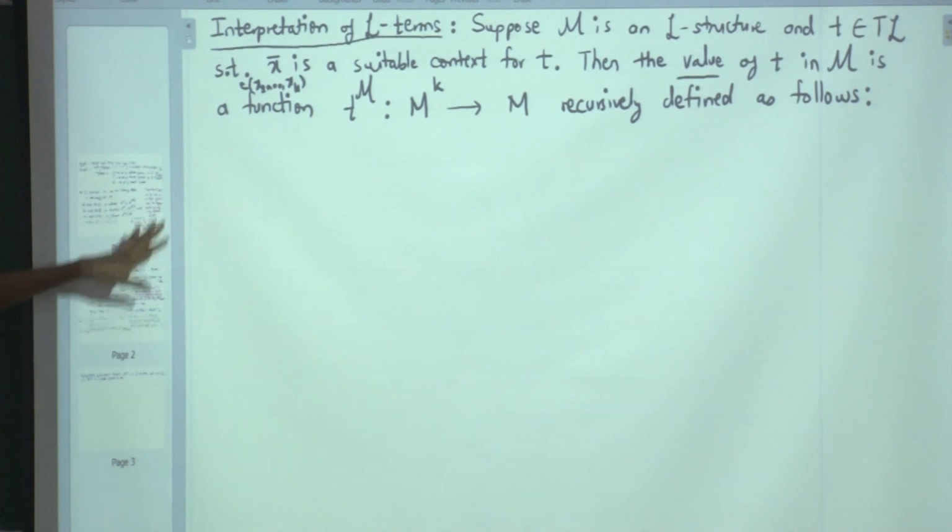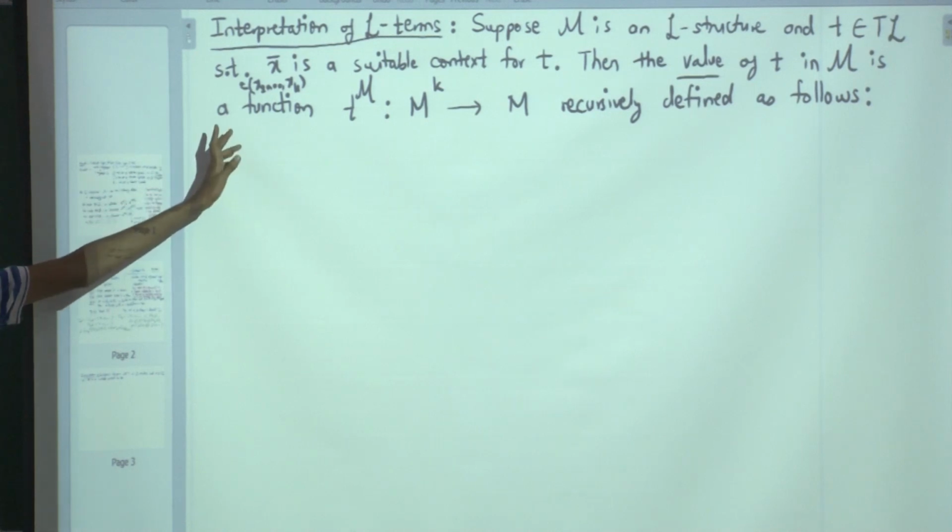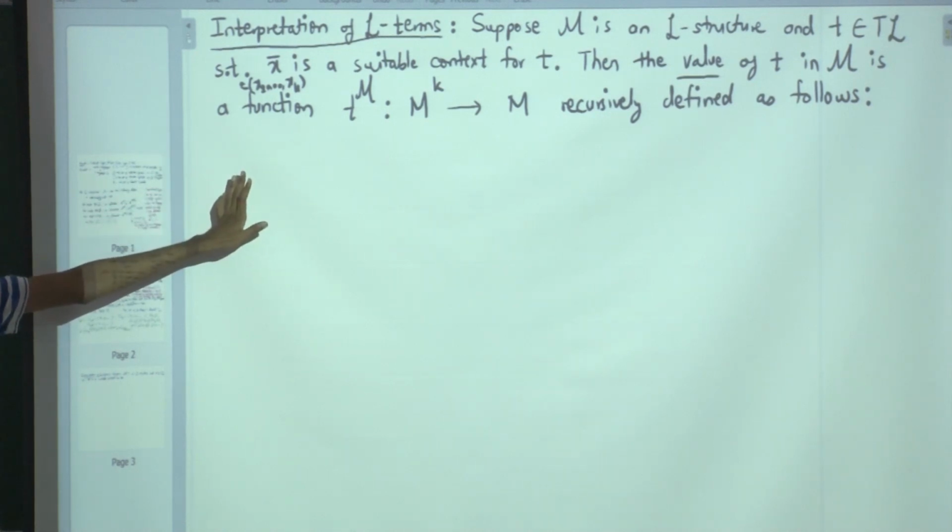Any questions on these three lines? We are saying that we are going to interpret a term as a function. Now a function must have an arity. What arity are we talking about? The number of variables in the context.